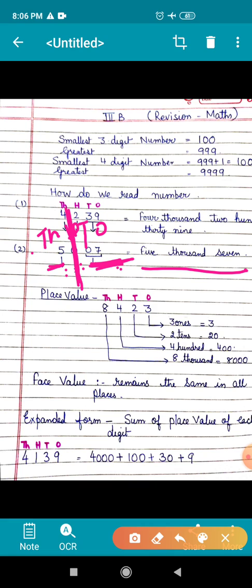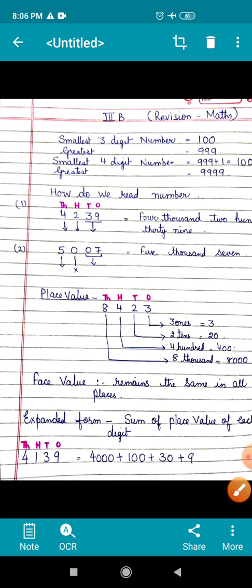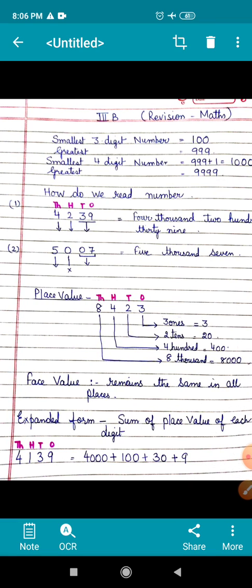Okay, now let us know how we can find the place value of the given digit. Children, place value of the given digit is the digit with its place. Here you can see in this example 3 is written on ones place, so its place value is 3 ones, which can be written as 3.